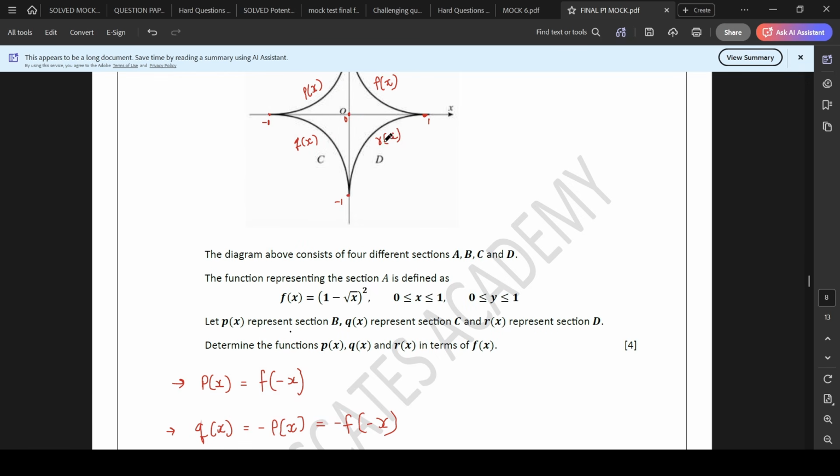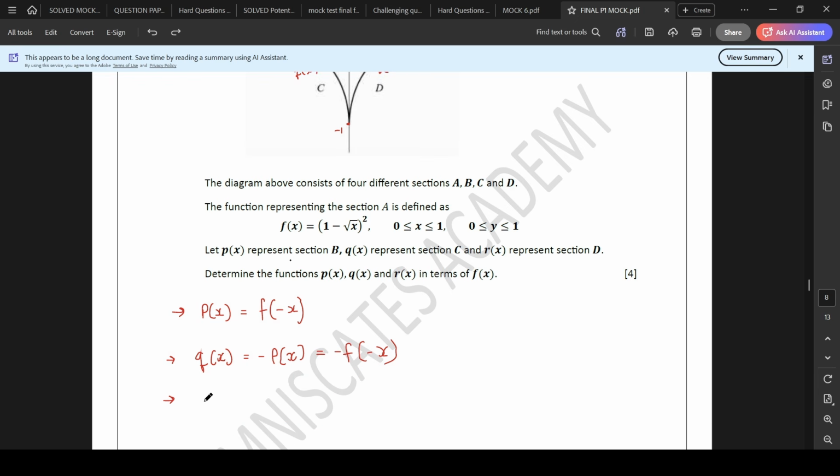Now what about r(x)? r(x) is simply the reflection of this f(x) with respect to the x-axis. So minus f(x) is this section D, and you can write that r(x), the section representing D, is minus f(x). f(x) was section A, and now if you reflect this with respect to the x-axis, all the function values become negative.